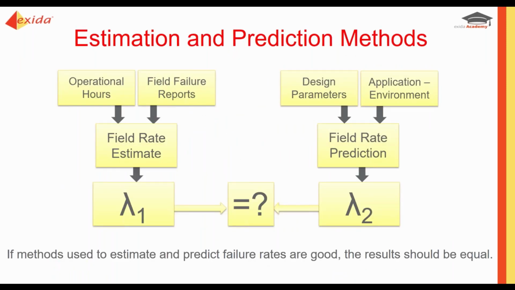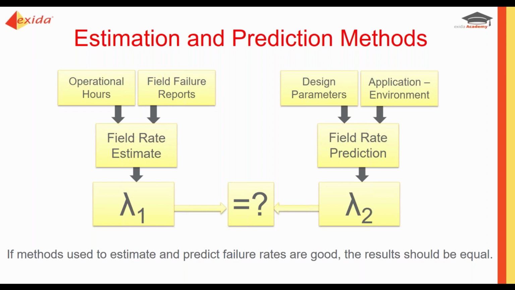In the perfect world, estimation and prediction techniques are going to line up, and they're going to line up beautifully. We would take a device and look at its history in the field, looking at its operation hours and its field reports. We can do our calculation to figure out the failure rate, and we want to compare that to the failure rate prediction.